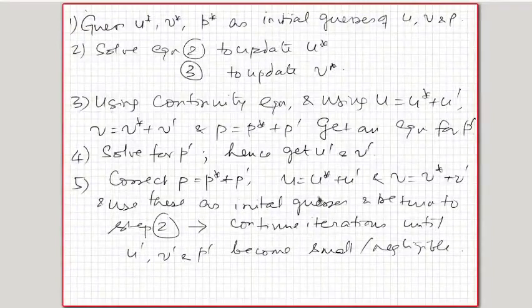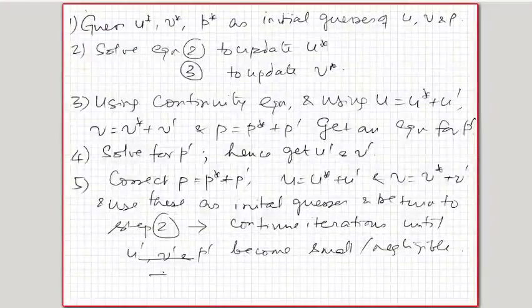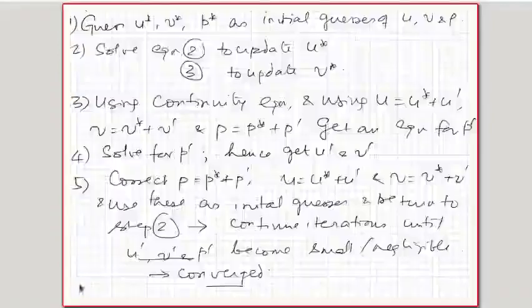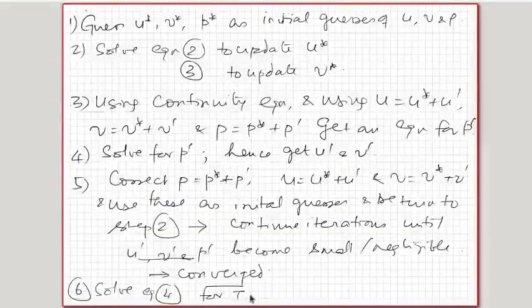That is, the changes in u, v and p that we make here should become negligibly small. Then we take it as converged. Once this is converged, then you can go and solve equation 4 for temperature. So this is the method that we use in the primitive variables method.